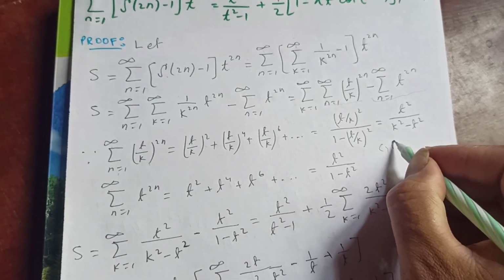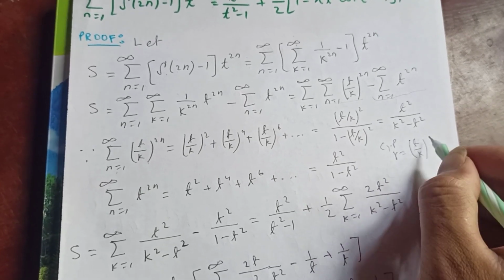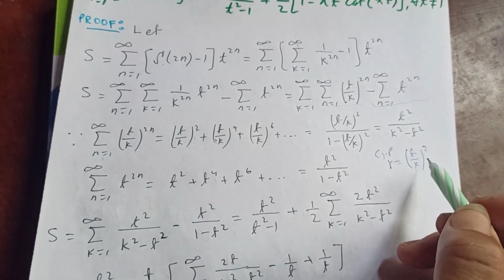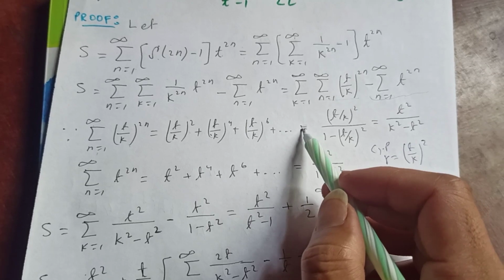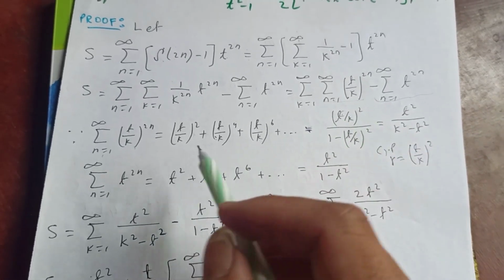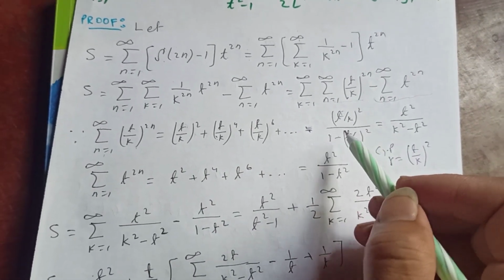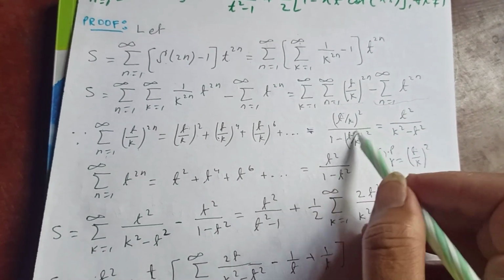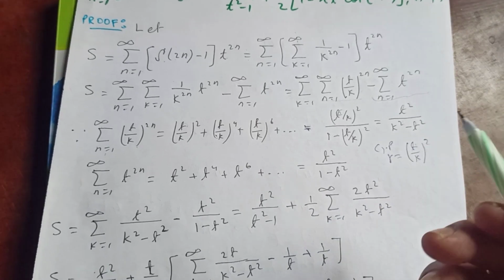Geometric progression, whose common ratio is t over k whole square, okay? Their common ratio is t upon k whole square. So if you use the formula for GP, a is nothing but the first term, t by k whole square upon 1 minus the common ratio, which is t by k whole square, okay? If you simplify this, you will get t square upon k square minus t square.